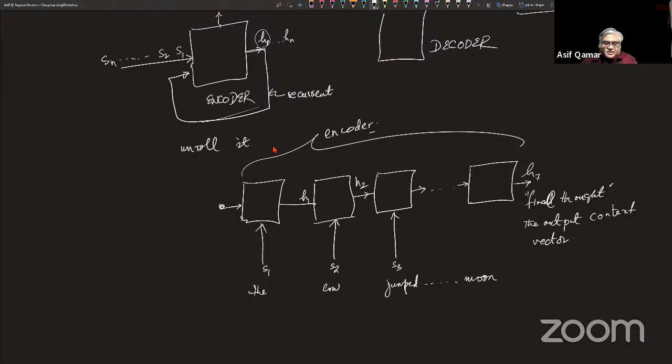You have somehow converted the words into vectors. For simplicity's sake, just imagine that you used word embedding or something like that. So these things keep going in and this comes out.